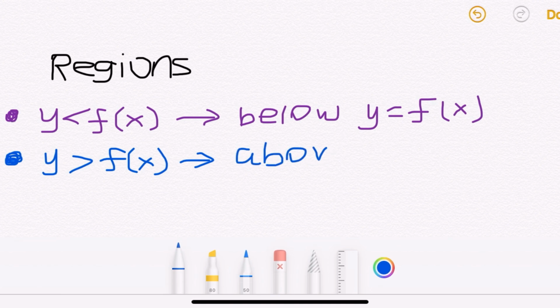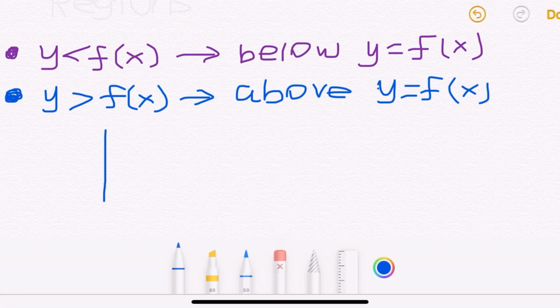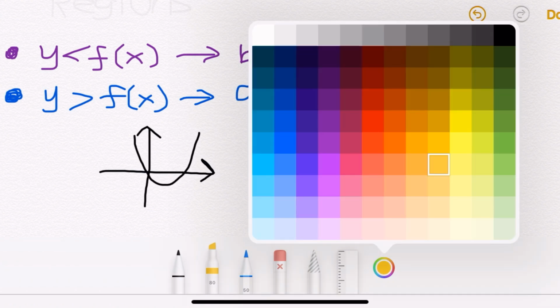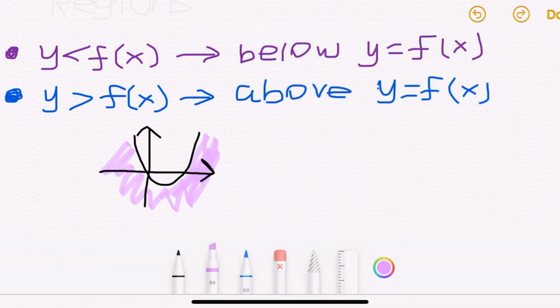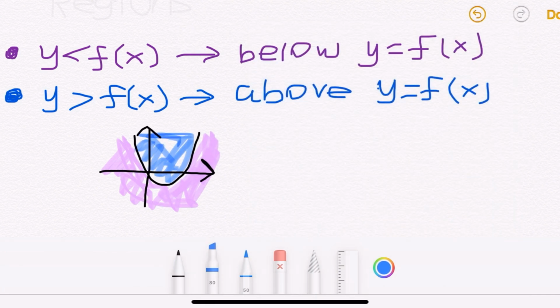And if y is bigger than f of x, then it represents the points on the coordinate grid above the curve y equals f of x. Let's see what I mean by these on the graph. So y is smaller than f of x can be represented by the purple shaded region on this graph, and y is bigger than f of x can be represented by the blue region.